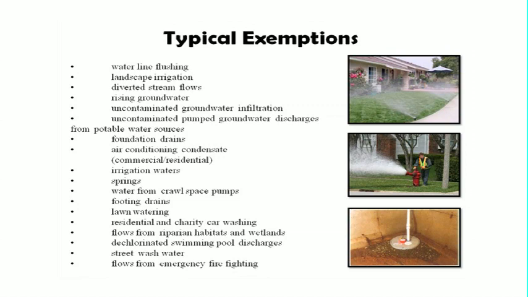Typical exemptions. There's a host of exemptions going into the storm drain: water line flushing, landscape irrigation, diverted stream flows, rising groundwater, uncontaminated groundwater infiltration, uncontaminated pumped groundwater, discharges from potable water sources, foundation drains, air conditioning condensate, commercial and residential irrigation water, springs, water from crawl space pumps, footing drains, lawn watering, residential and charity car washes, flows from riparian habitats and wetlands, dechlorinated swimming pool discharges.